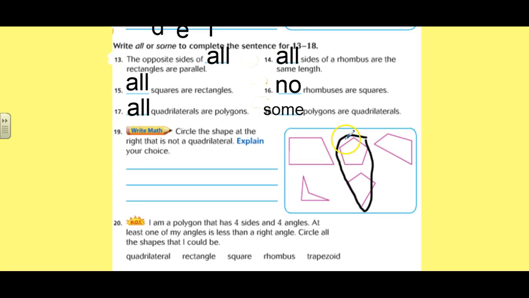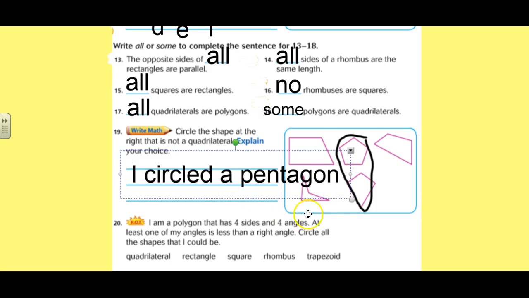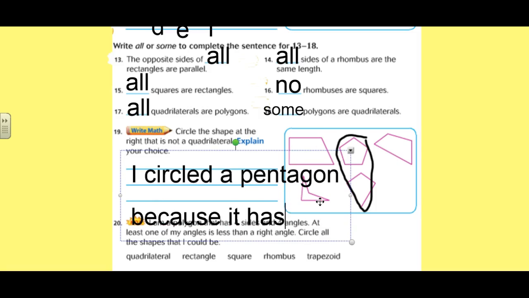The shape has 1, 2, 3, 4, 5 sides. So when we explain, we're going to say I circled a pentagon, and you can put that if you want, because that's what that shape is called, because it has 5 sides, not 4.